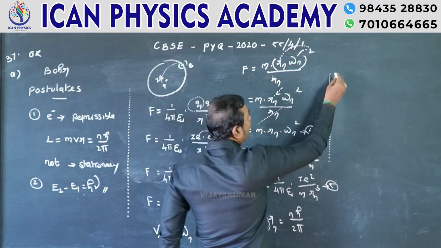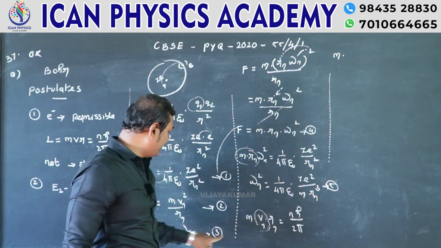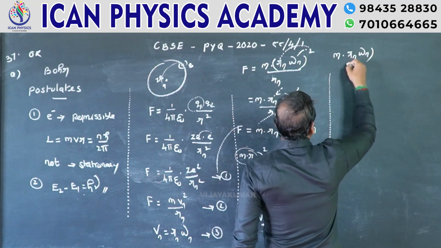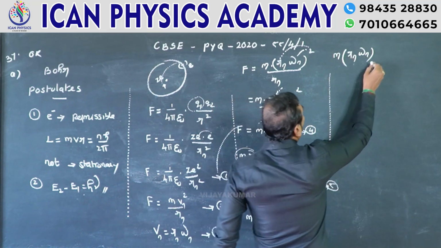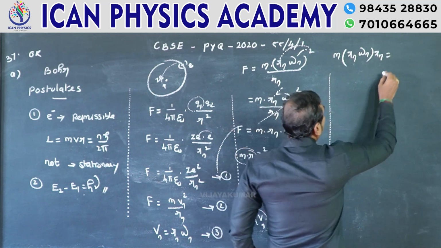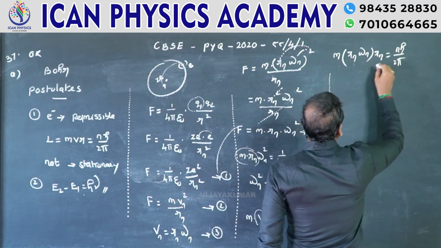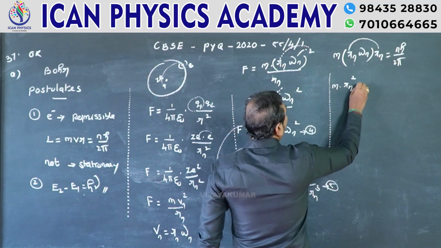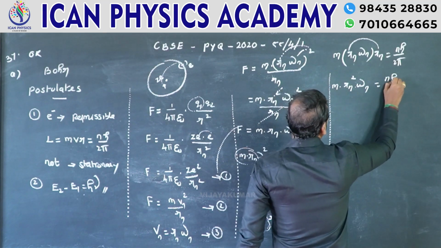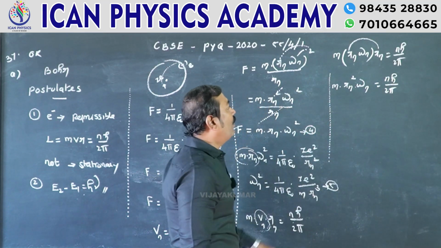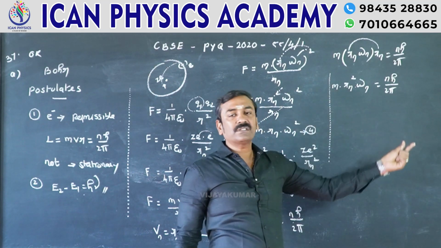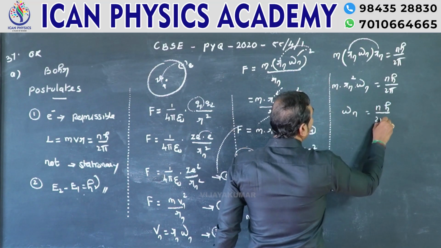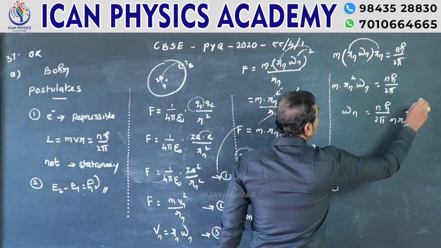So instead of Vn, we write Rn omega n, so m Rn omega n into Rn equals nh by 2 pi. So m Rn squared into omega n equals nh by 2 pi. Now the multiplication m Rn squared goes to the right side as division. So omega n equals nh by 2 pi m Rn squared.